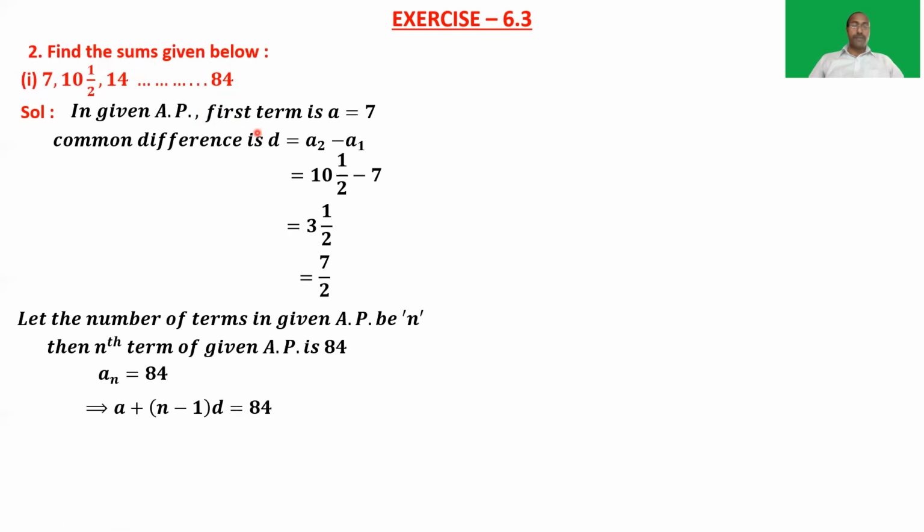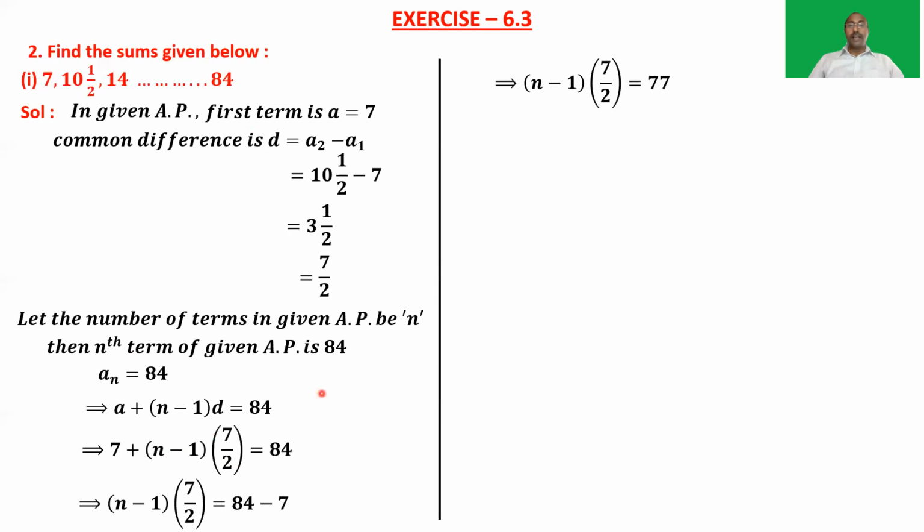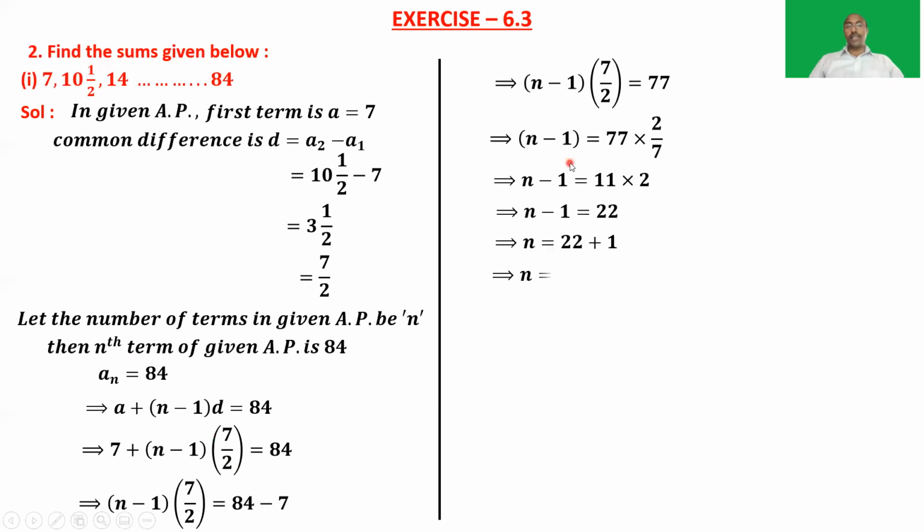So by substituting the values of a and d, we get 7 plus n minus 1 into 7 by 2 is equal to 84. From this we can write n minus 1 into 7 by 2 is equal to 84 minus 7, that is 77. And n minus 1 is equal to 77 into 2 by 7, which is equal to 22. And n is equal to 22 plus 1, which is equal to 23.